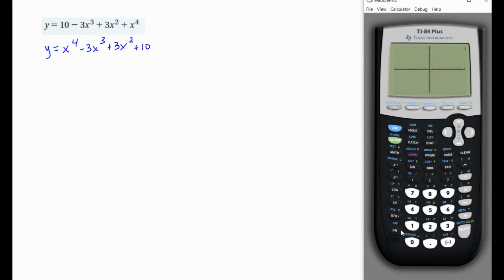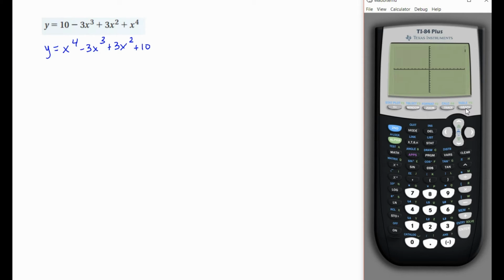Actually, let me fix my zoom real quick. Alright, graph it and clear that out. X to the fourth power, 4. There it is. Minus 3x squared. No, that's to the third. 3. There it is. Thank you. Plus 3x squared. Yeah, I was reading that one. Plus 10.